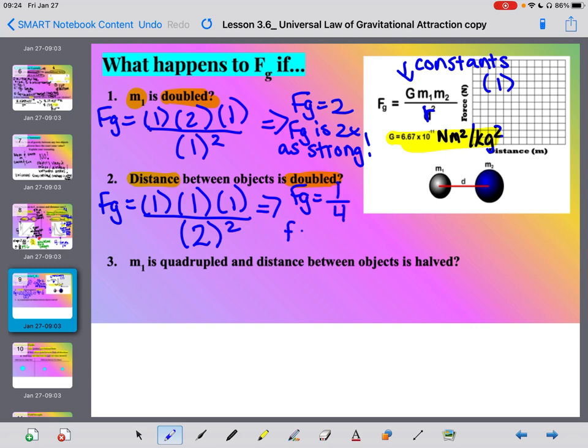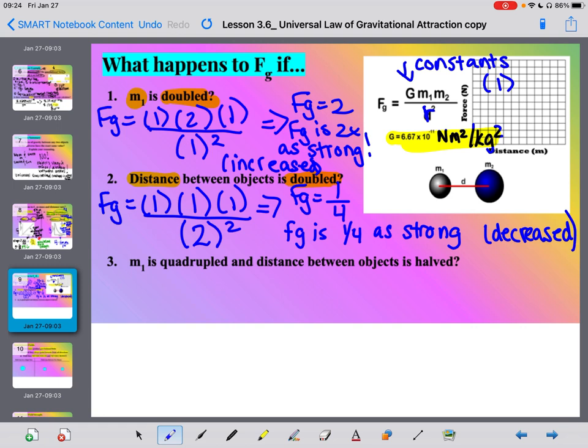So now Fg is 1/4 as strong. So here it decreased, and the one before it increased. Here it decreased because the distance was larger. The denominator was larger than my numerator.